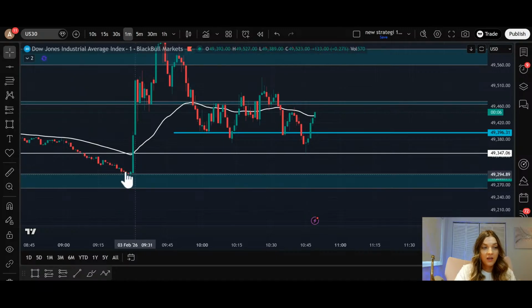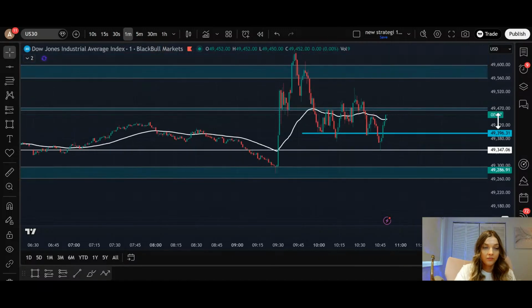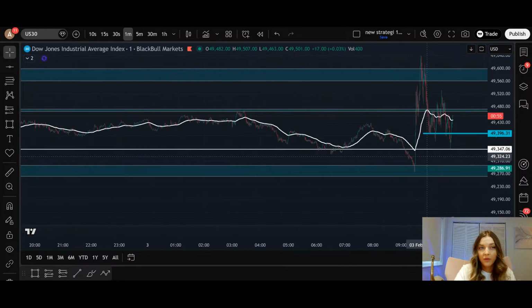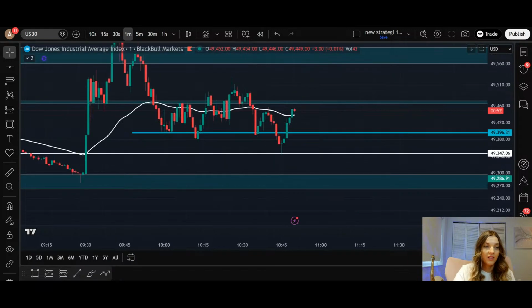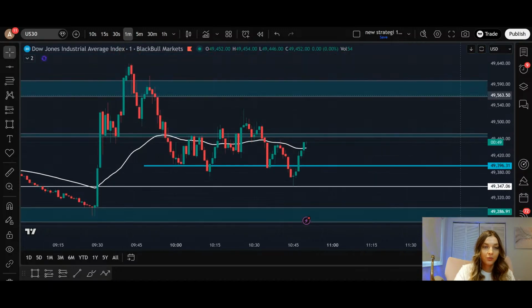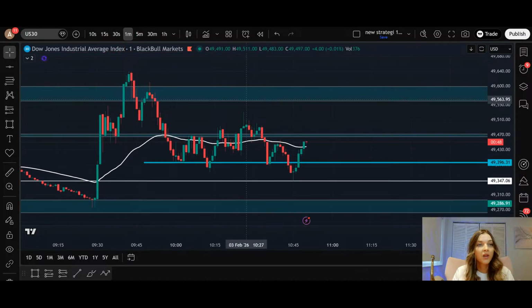This is a demand. So if the price touches this demand zone again, you're probably gonna see an up. So I'm not sure if I'm gonna sell. I don't predict it like that.